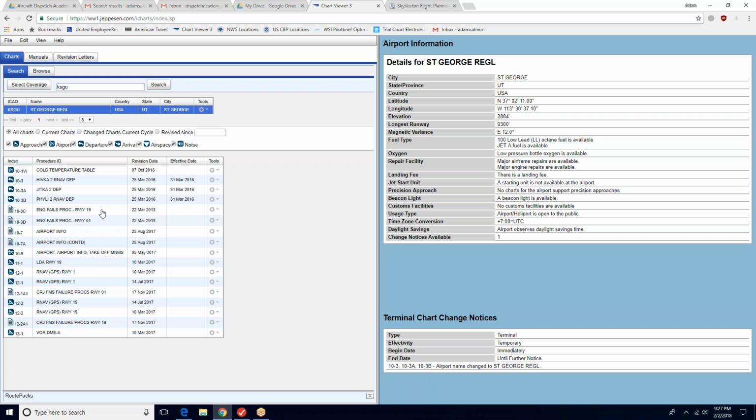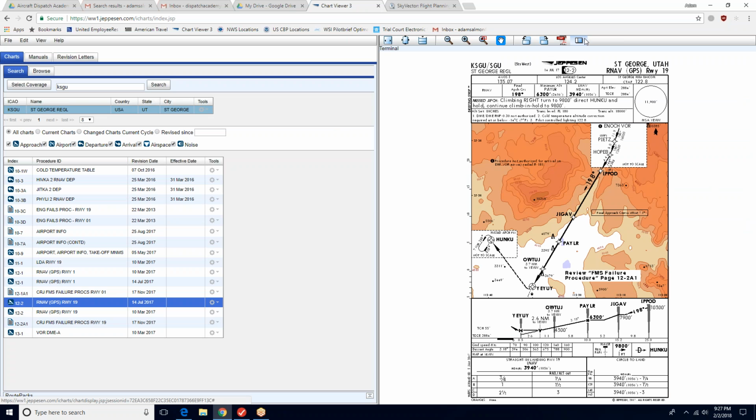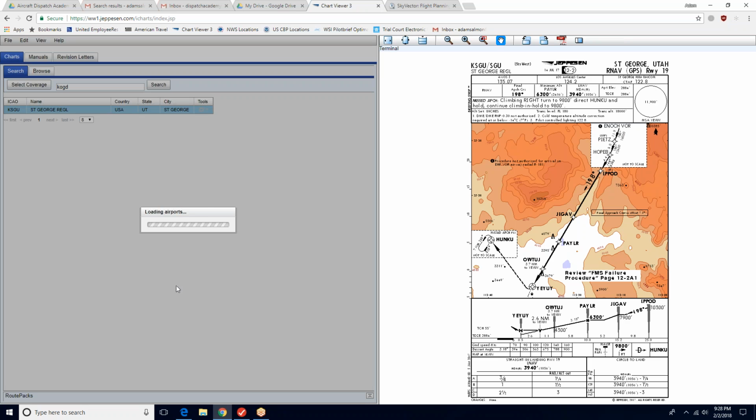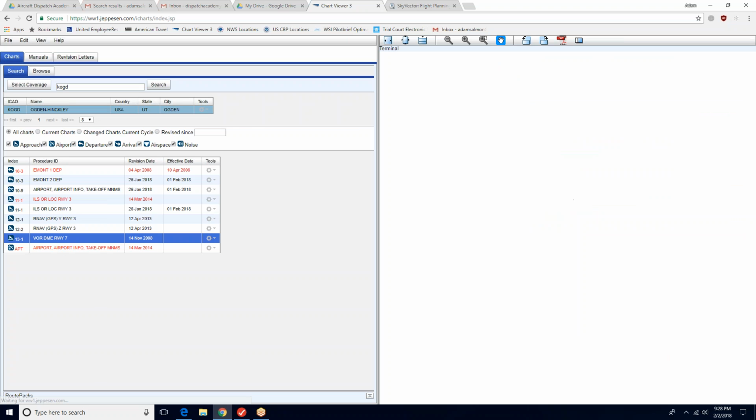I can't remember if St. George has DME. Now they have this GPS approach here. Let me look at one that's better. Let's look at Ogden. Okay.